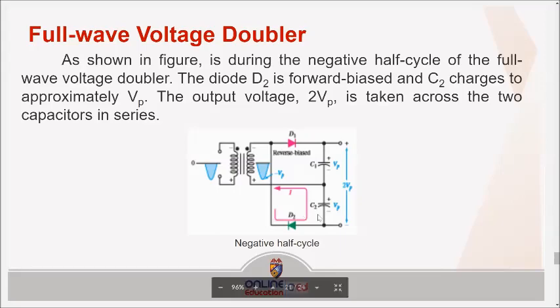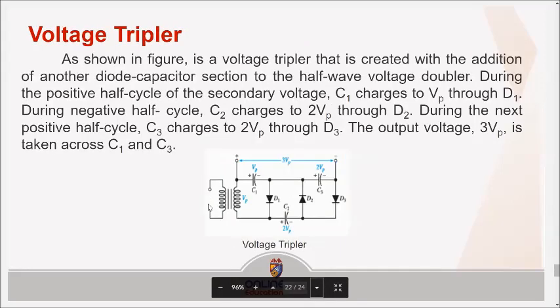Okay, next we have, how about the voltage tripler? What is the schematic diagram? As shown in the figure, is a voltage tripler that is created with the addition of another diode capacitor. Nag-add ka lang ng isa pang diode capacitor section to the half wave voltage doubler. Okay?